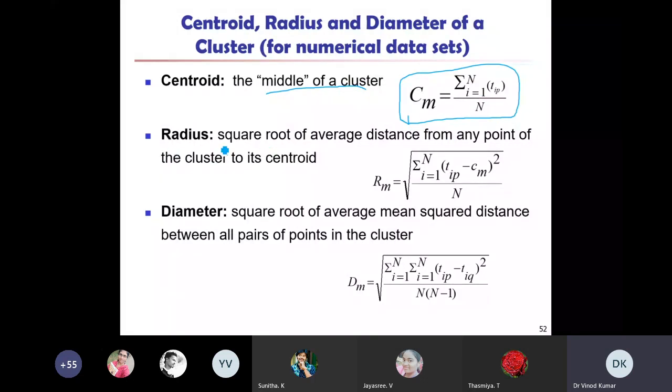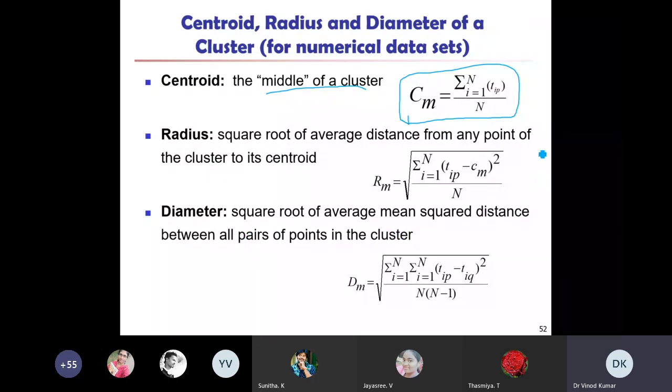Next one is the radius: the square root of the average distance from any point of the cluster to its centroid is treated as the radius. Diameter is the square root of the average mean square distance between all pairs of points in the cluster.